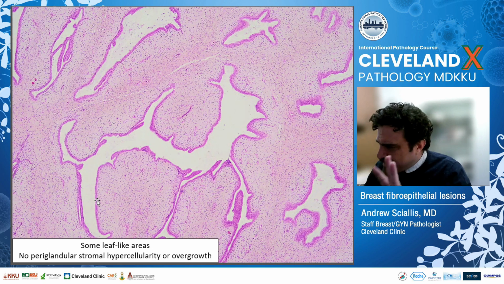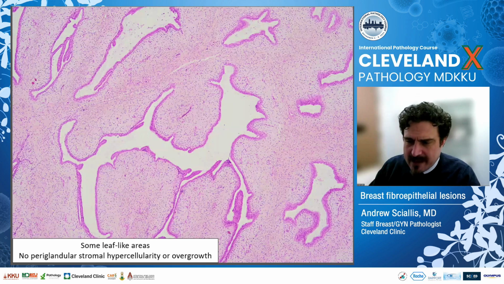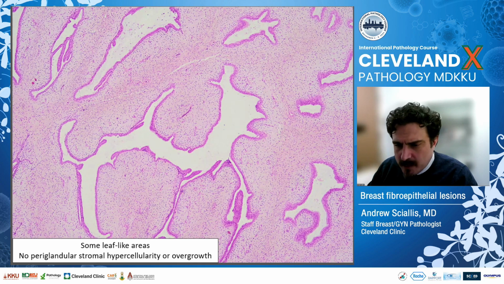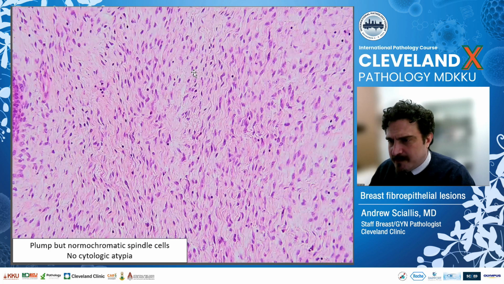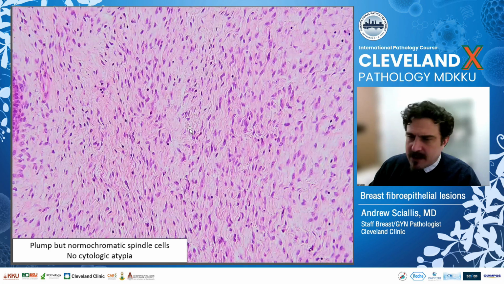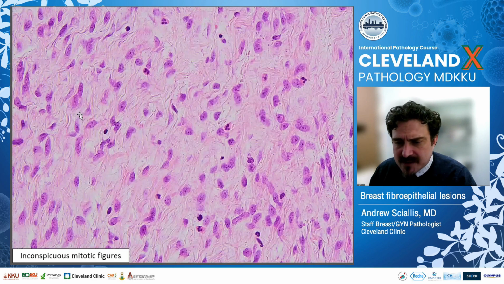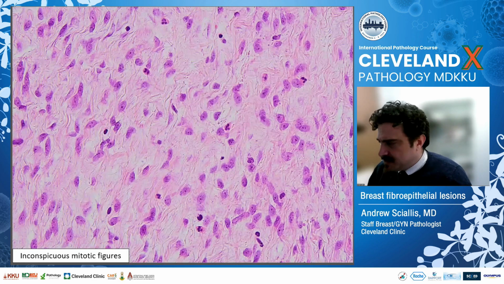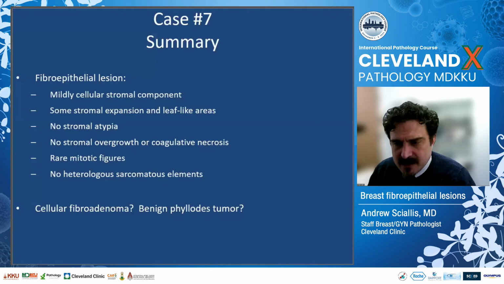Some, but not like big maple leaves, more along the lines of petals. There is no periglandular stromal hypercellularity. There's nothing that looks like atypia, that more PASH or ovarian stroma degree of stromal cellularity. Plump cells, no conspicuous mitotic figures.